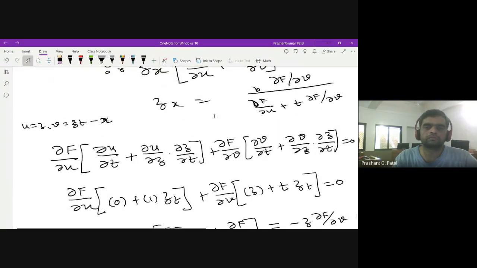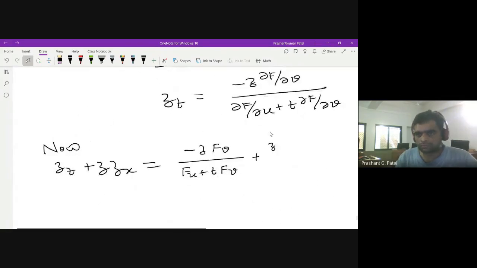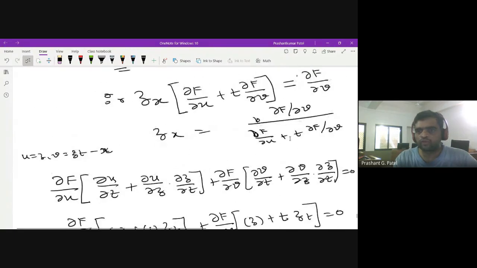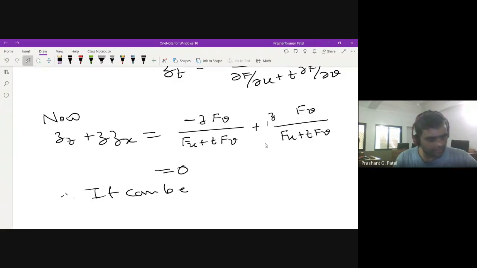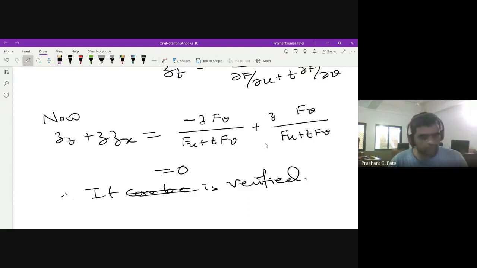Z is this, zx is fv upon fu plus t into fv. So that is fu plus t into fv. And you just observe that this quantity is 0. So it can be verified. So it is verified that this is the solution for the given equation.